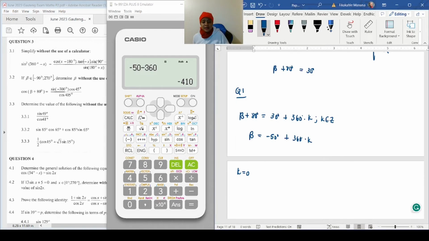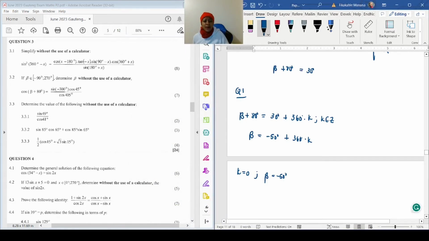Yes, it is. Okay, so therefore beta is equal to negative 50. Now, if I said k is 1, that would be 360 minus 50, and that's 310. That's outside of the domain. So I'm not even going to bother looking at other values. Normally we do negative 1, 0, and 1. Outside of that, the values are too big. And an integer means that you can't have fractions. We're dealing with whole numbers.